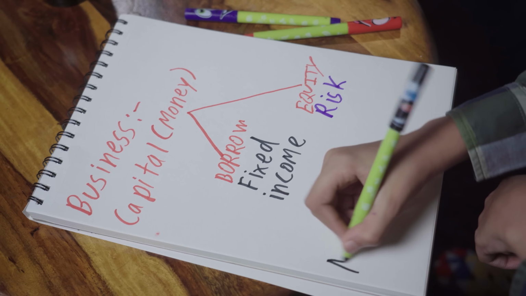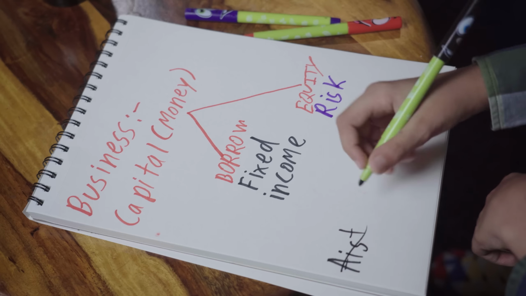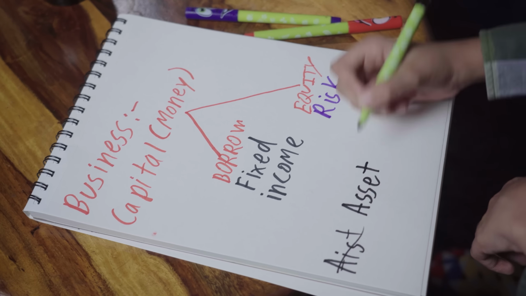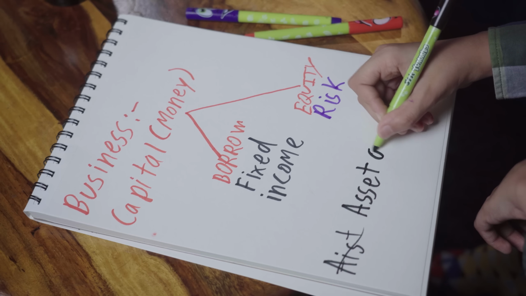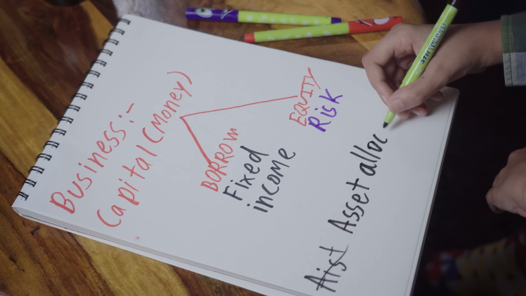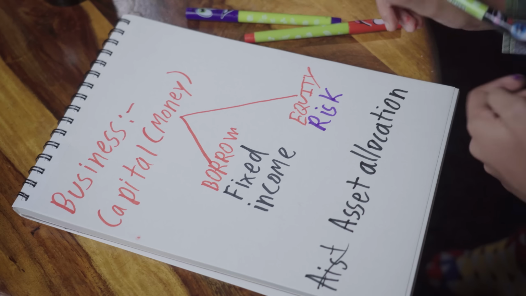So we do asset allocation to see how much money to put into fixed income and how much into equity. Asset spelling: A-S-S-E-T. Yes, correct. Allocation, A-L-L-O-C-A-T-I-O-N. Correct? Okay.